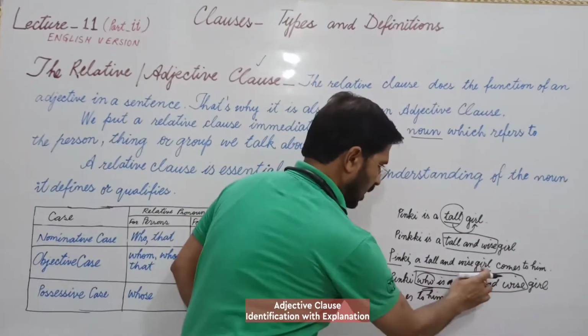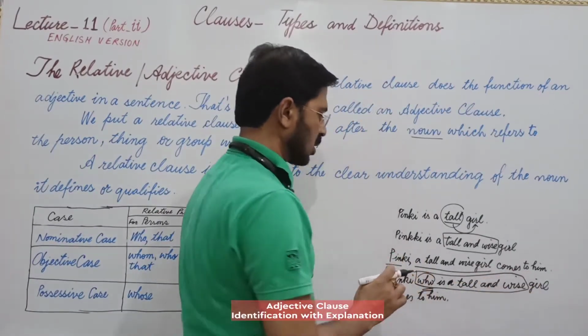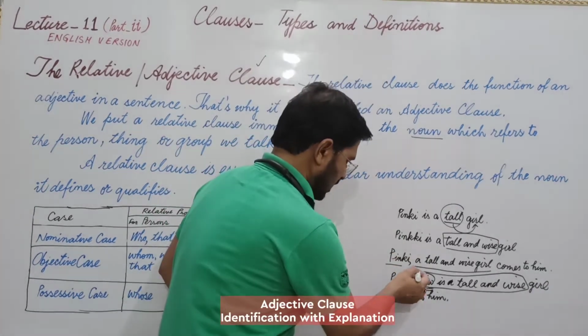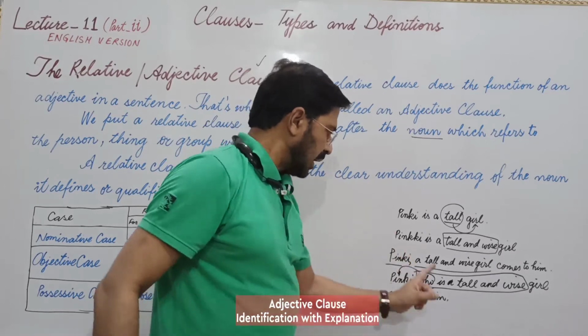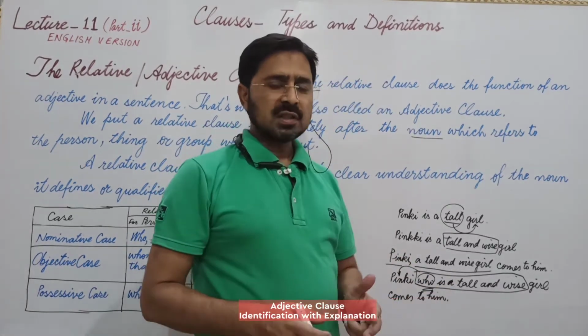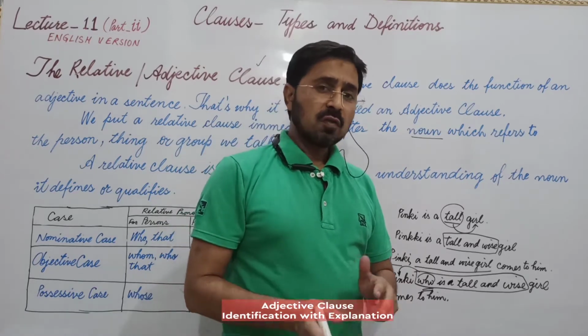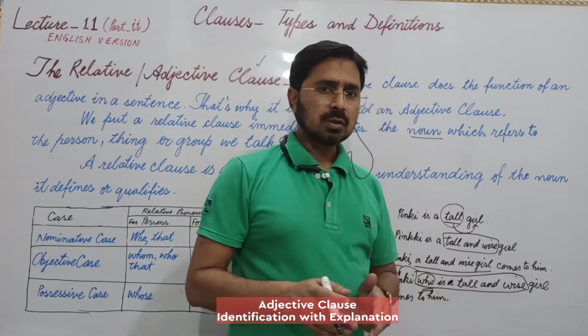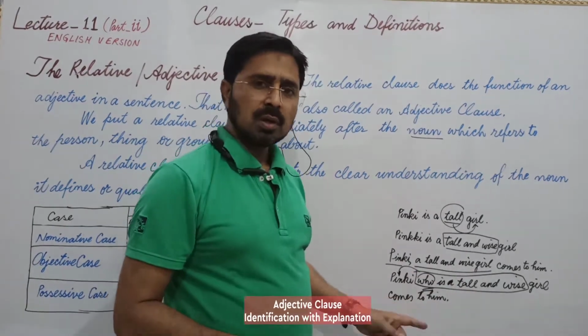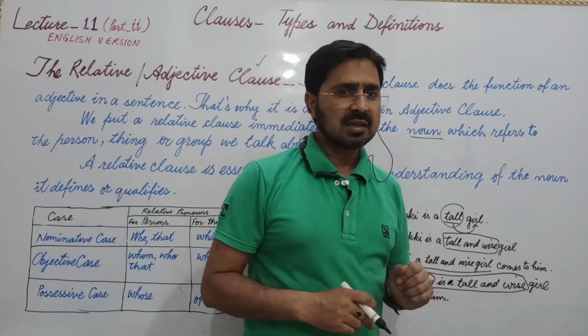And this whole part that lies in this box acts as an adjective. It acts as an adjective for Pinky. It has its own linking verb. It is a part of a sentence. Because of being with a verb, it is a clause, and because of saying something about a noun, it is an adjective. That's why it is an adjective clause.